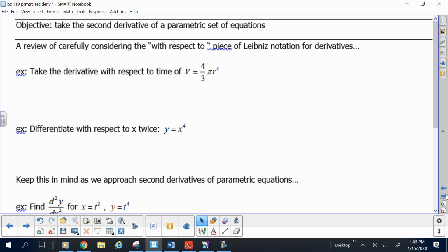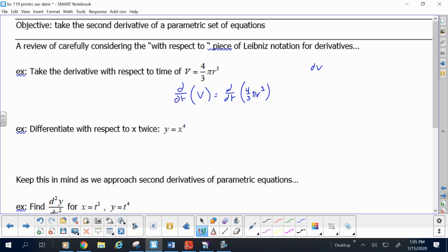Second derivative in parametric. I am so glad, because I get to teach after Ms. Cannon and you have good calculus basics. So you understand the idea of derivative with respect to. For example, if I took the derivative with respect to t, for time, of both sides of this, then the derivative of the left is dV/dt, easy enough.